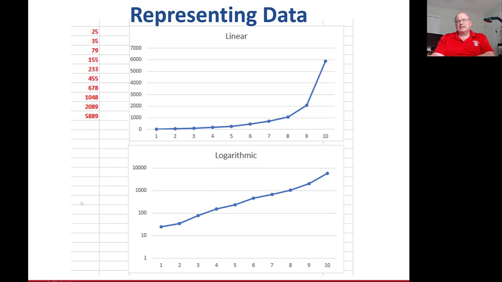So logarithmic is usually what we use in terms of logs. Logs are base 10, so you can see almost a linear type of association, where linear growth is shown just plotted straight out without any differences in the lines.